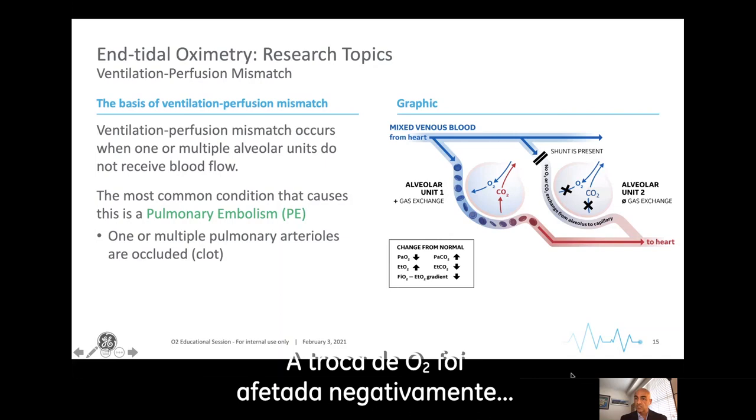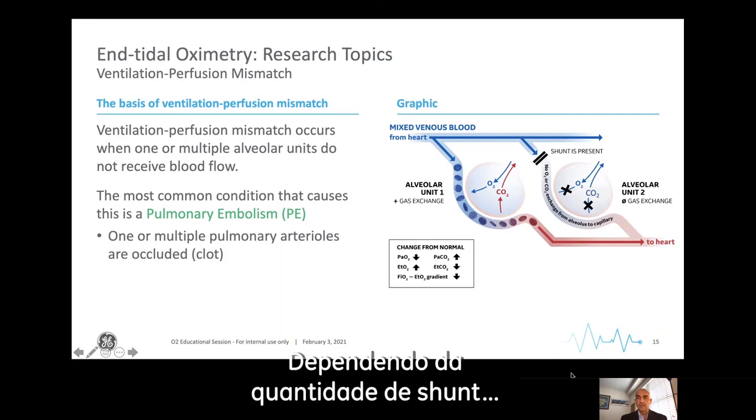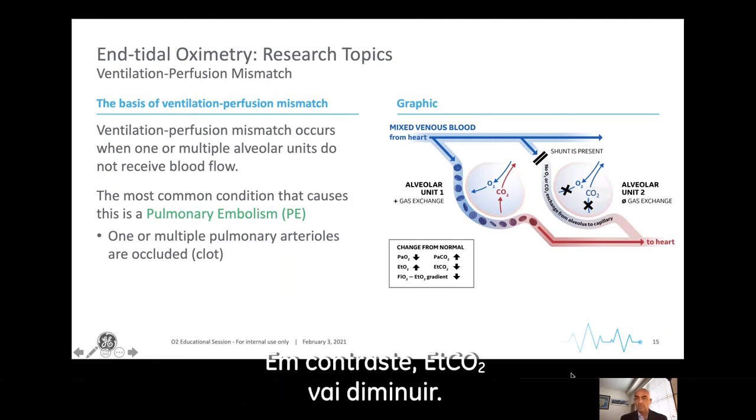Oxygen exchange has been negatively affected, so a small amount of oxygen remains in the alveolus, and depending on the amount of shunt, the magnitude of change in end-tidal oxygen can be quite large. In contrast, the end-tidal CO2 will decrease.